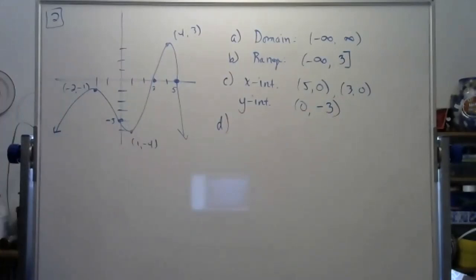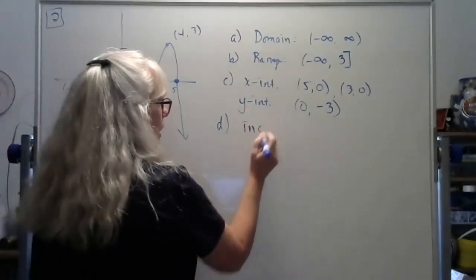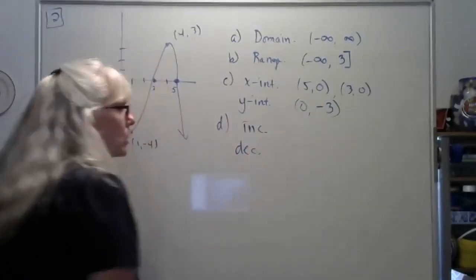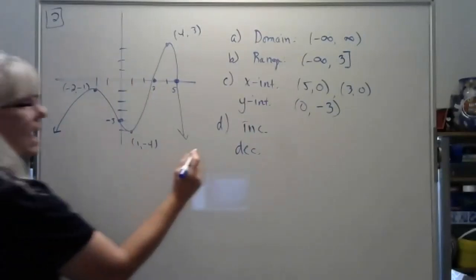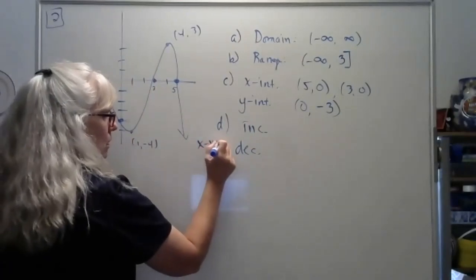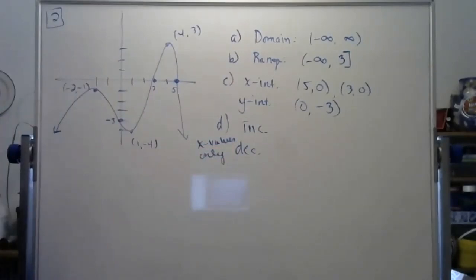Let's see, what about where the function is increasing and where it's decreasing? So where is it an increasing or where is it a decreasing function? Okay, so let's deal with this logically going from left to right. So if we start over here, and again, these are x values only. They are not points, they are only the x values.